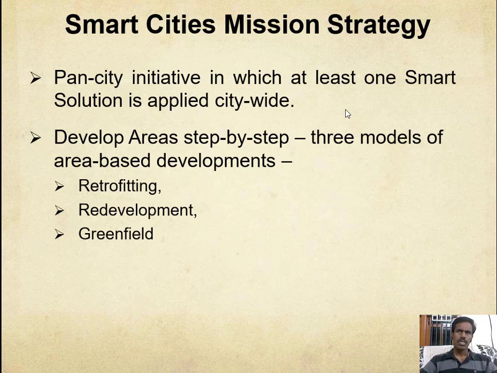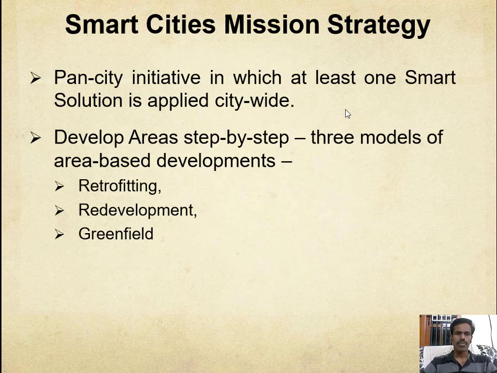For example, we can implement a particular solution throughout the city, such as a smart irrigation system. If that is a very famous concept present in a particular city, we have to implement such technology in all the cities in and around that city. So that is the number one strategy for a smart city.